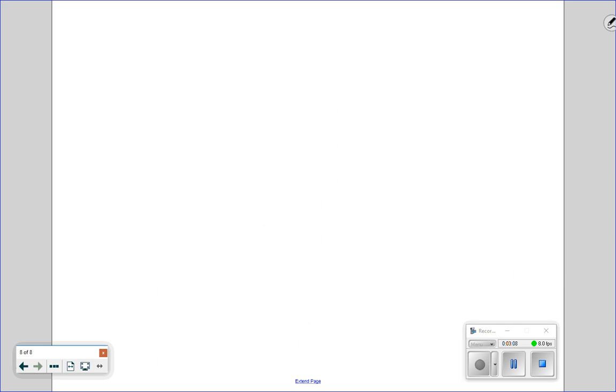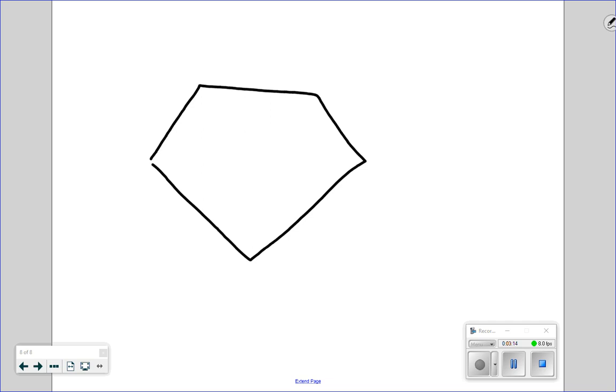So for instance, a pentagon, which has 5 sides. There's a pentagon, a 5-sided figure. To figure out what the sum of the angles is, pick a vertex. I'm going to use this vertex right here, and connect that one vertex to all the other vertices except the two that are side by side.